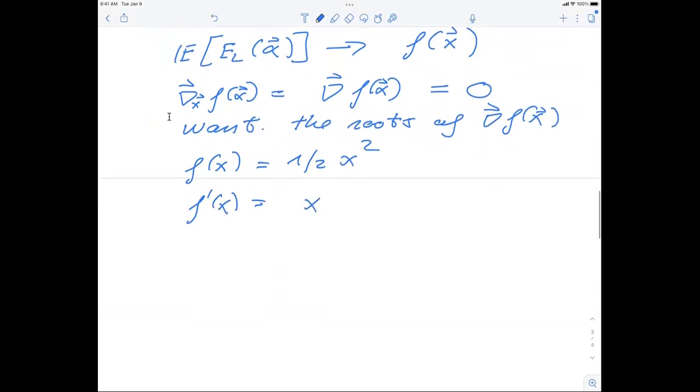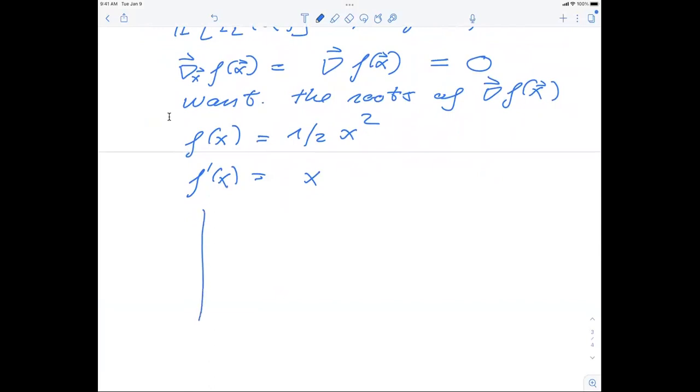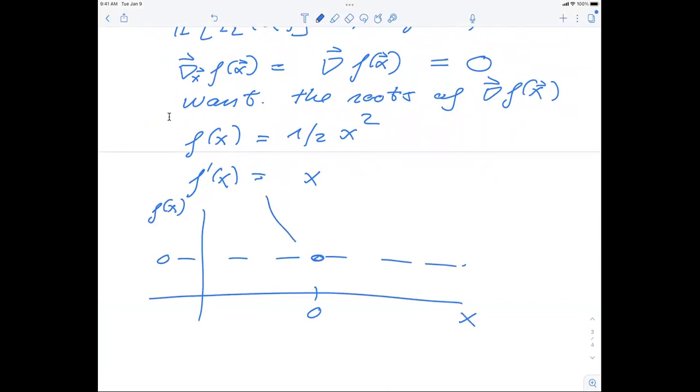If we make a plot of this very simple function, with x equal to 0 and f of x equal to 0, then we would have something like this. This is our function, which we have centered around 0. And we know that if I were to start here, in this specific point, that is a point where I have x larger than 0.